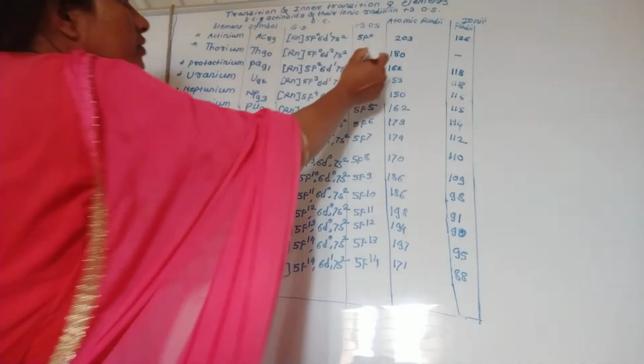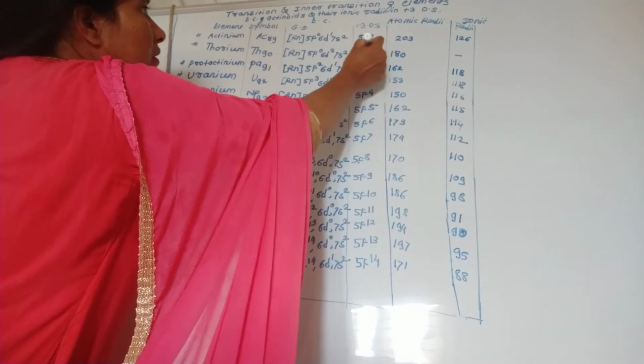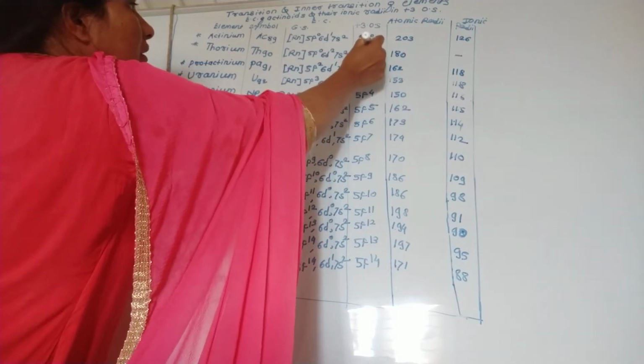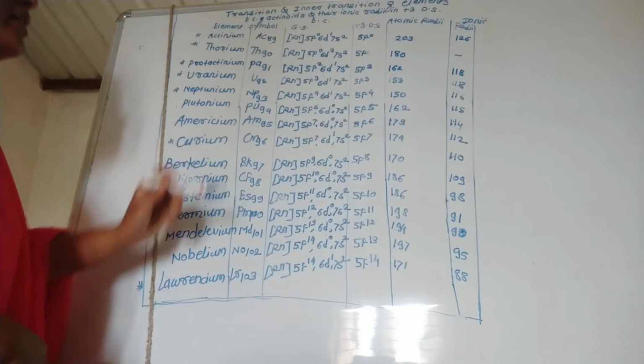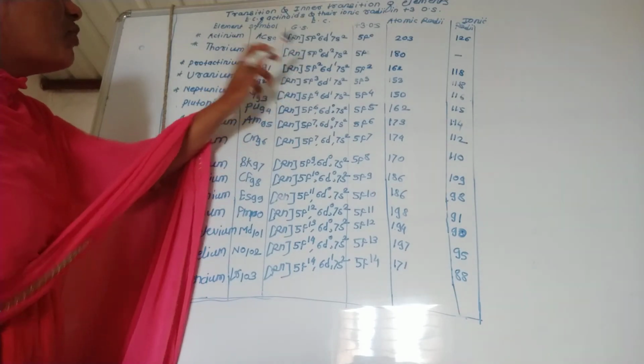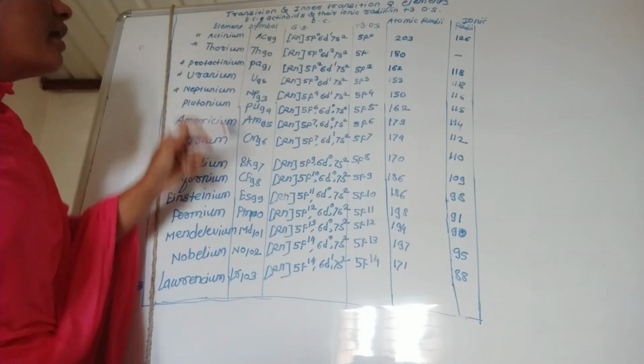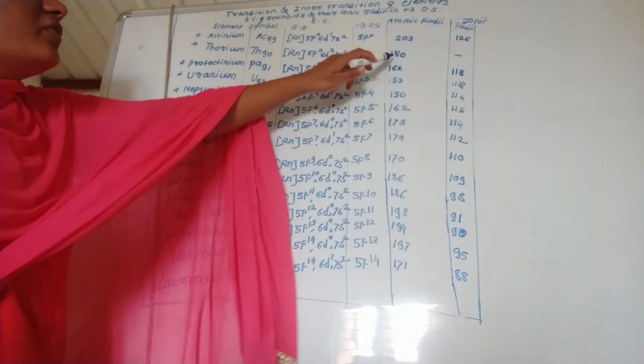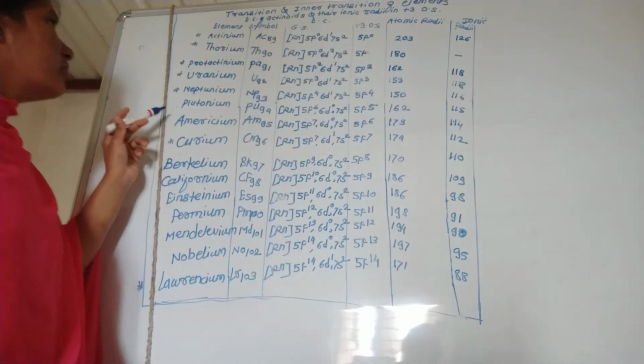You can see here in this f orbital there are 0 electrons, and its atomic radius is 180. The ionic radius is not given here.